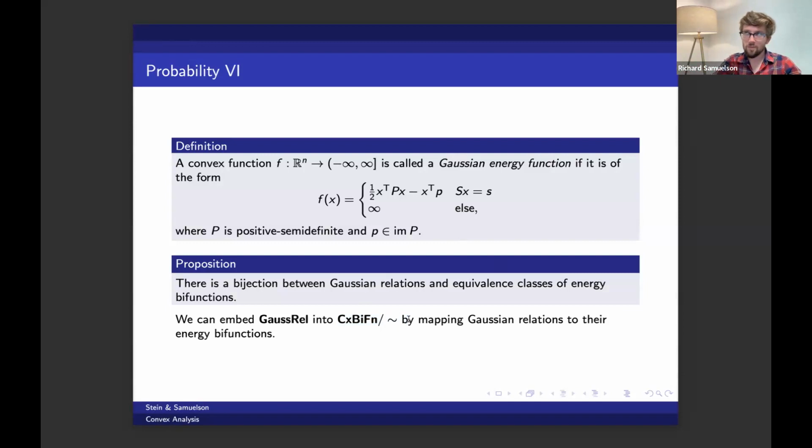What this means is that problems that you think of as probability problems, as long as everything's Gaussian, can always be rephrased as a convex optimization problem by taking distributions and mapping them to their energy functions. This is a trick used a lot in statistical mechanics.